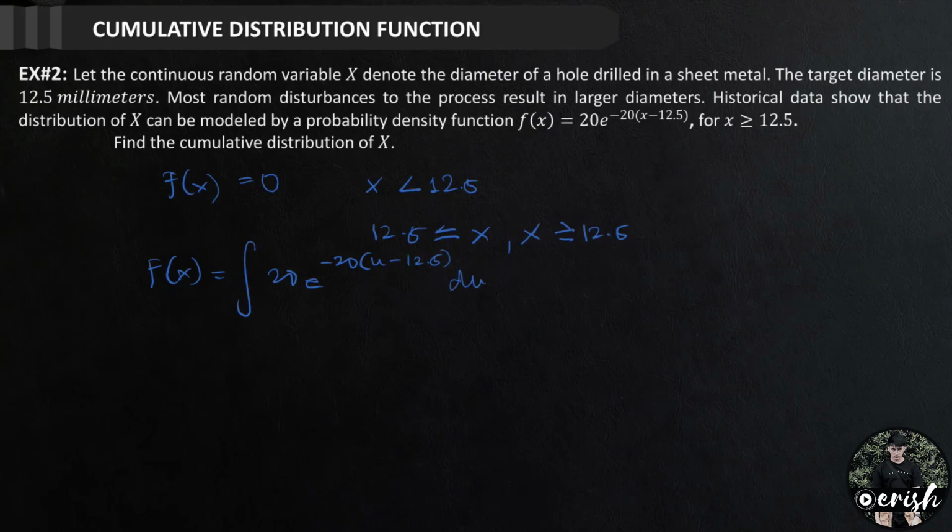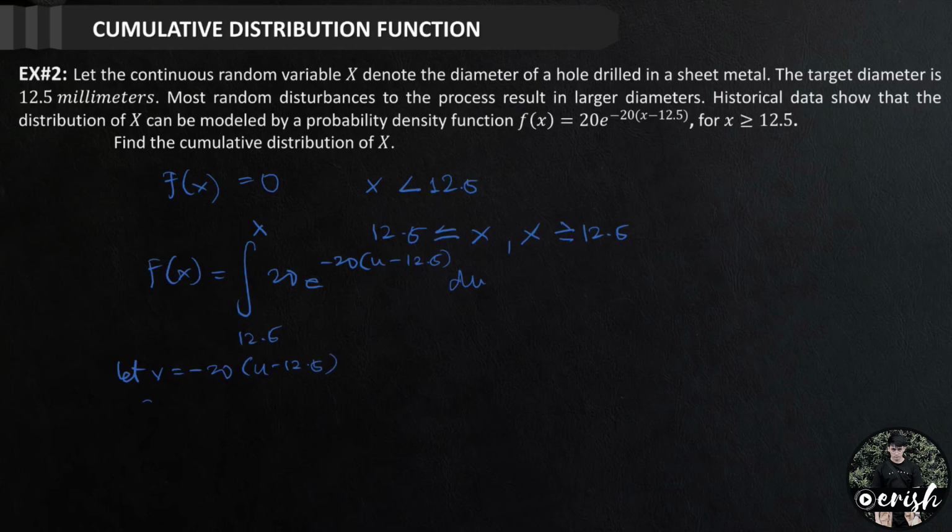From the limits, ang limit natin is starting from 12.5 up to x, the upper limit. Integrating the given function, so we let v equals negative 20 times u minus 12.5.